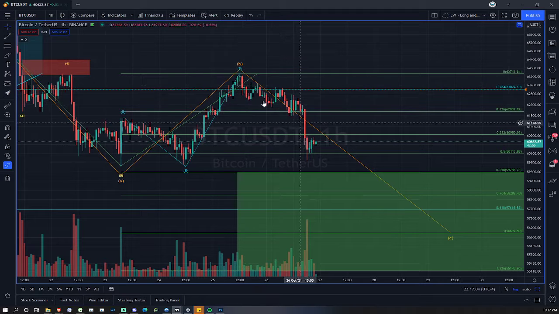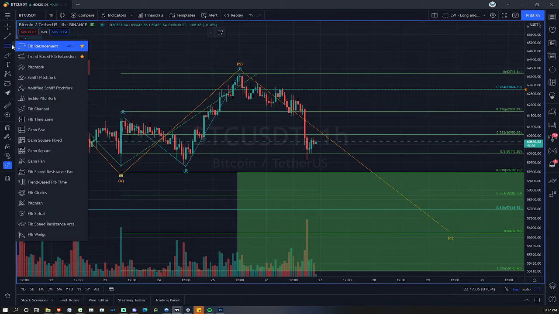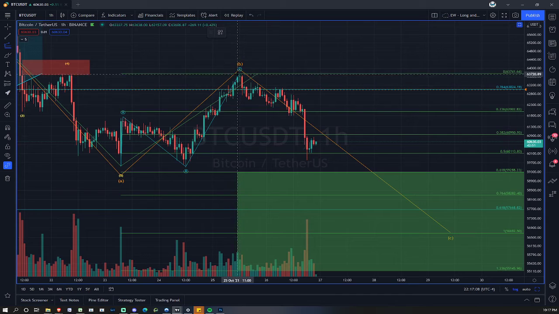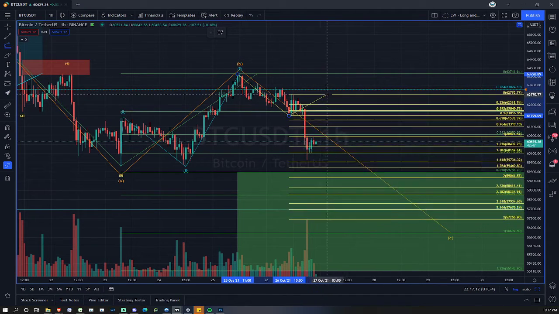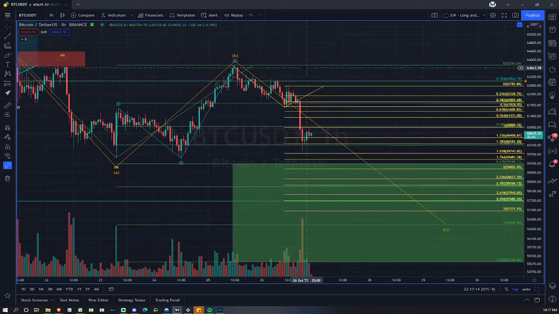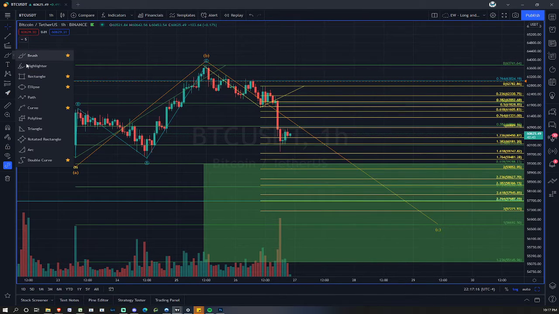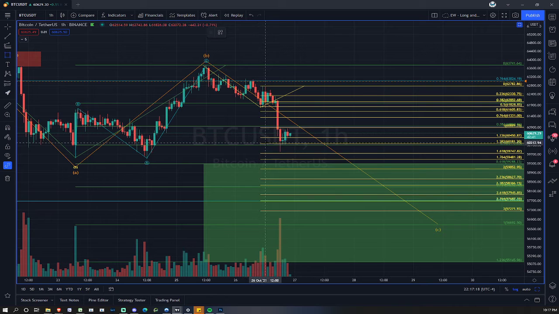So if that's correct, and this in fact is our 1 and 2 like that, then we should see a move to the 1.382 to 1.618. Which was right here. That should have been support for 3, which is exactly what we saw.